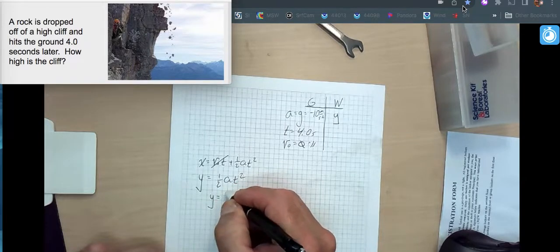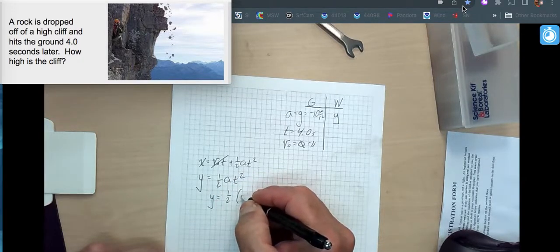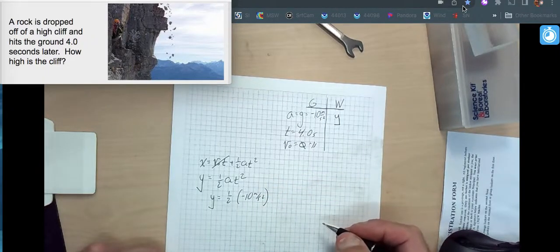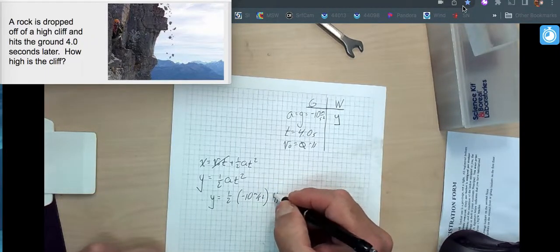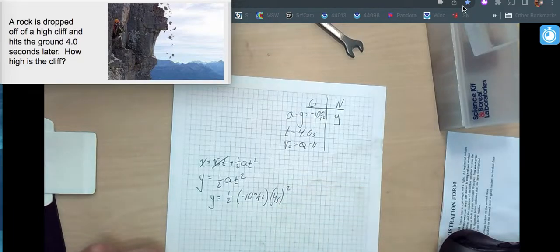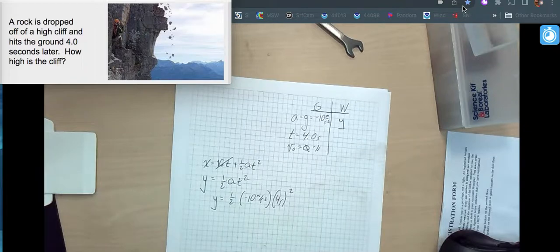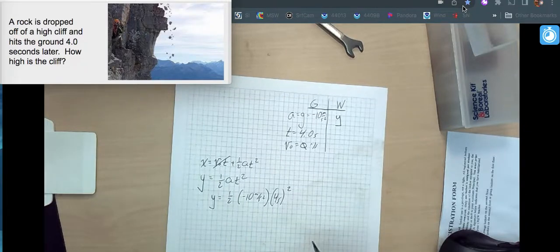So y equals 1/2 of -10 meters a second faster every second, t squared is 4 seconds squared. Okay, so that's going to be -80, right? So 1/2 of -10 is -5, and -5 times +16 is 80.